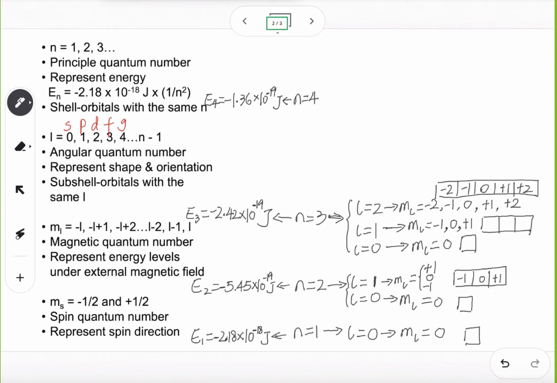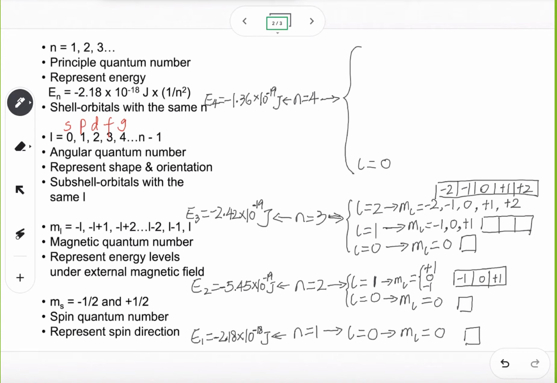Now, when n equals to 4, what are the possible values for L? Sure, the first value for L is going to be 0. No doubt about that. Always start from 0.